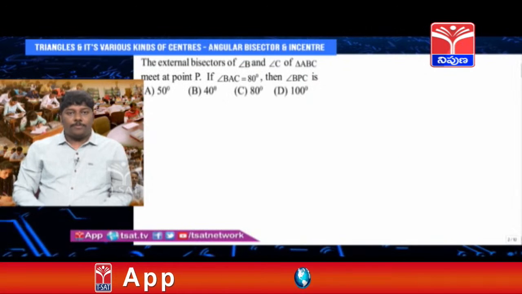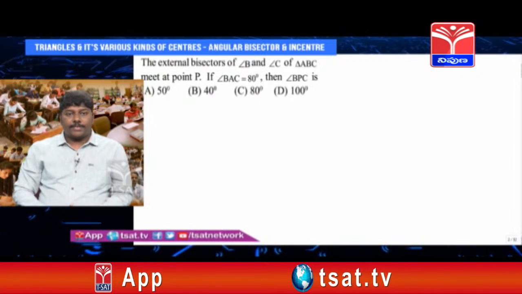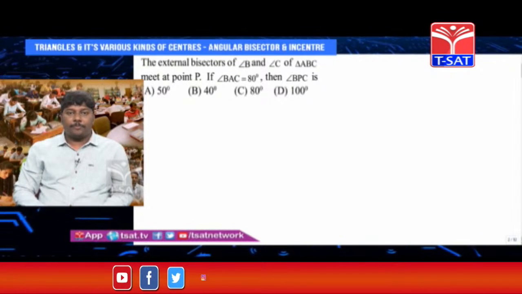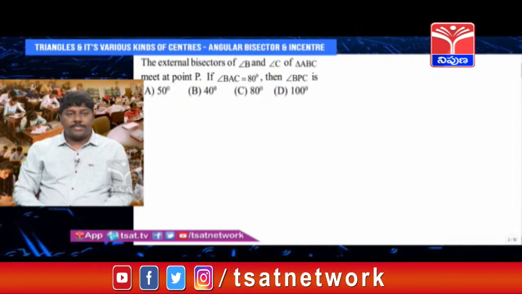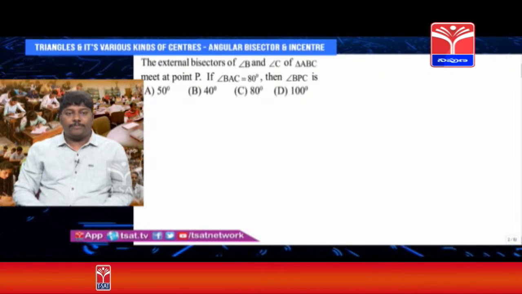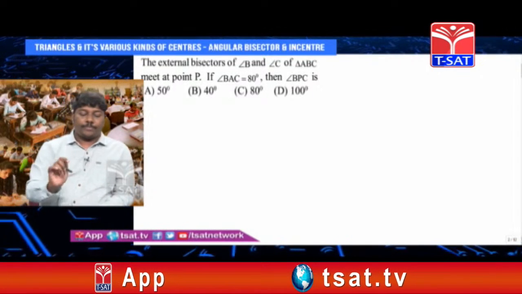Let's look at the first problem based on this angular bisector. The external angular bisectors of angle B and angle C of triangle ABC meet at the point P. In the explanation I said it is D, but here it is given as point P. If BAC, that is angle A, is 80, then find BPC.